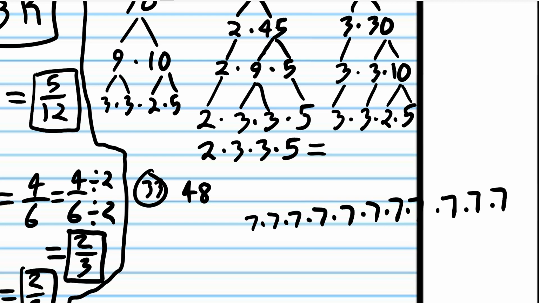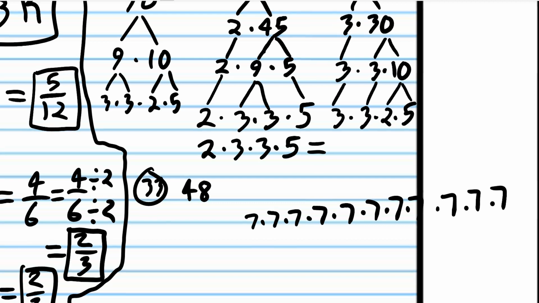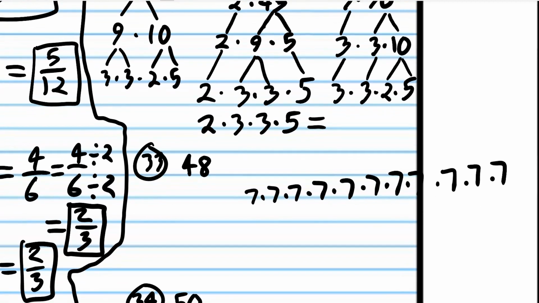But I don't want to write all those 7s. It's much easier for me to use power notation. I have 1, 2, 3, 4, 5, 6, 7, 8, 9, 10, 11. It's much easier for me to just say 7 to the 11th power. All right, that's power notation.